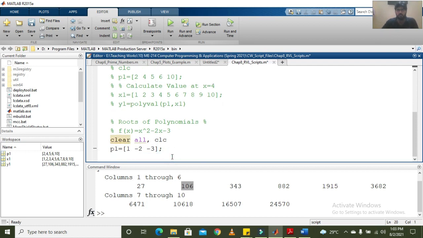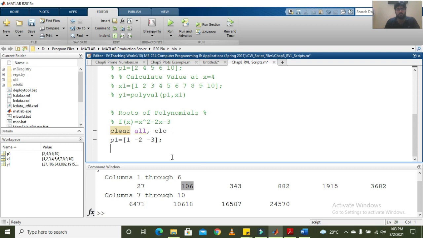Then I use the roots function, and I will save the answer in, let's say, the r1 variable. Since roots is a MATLAB built-in function, it will be in lowercase, with parentheses, and inside the parentheses you enter the input argument, which in this case is p1.